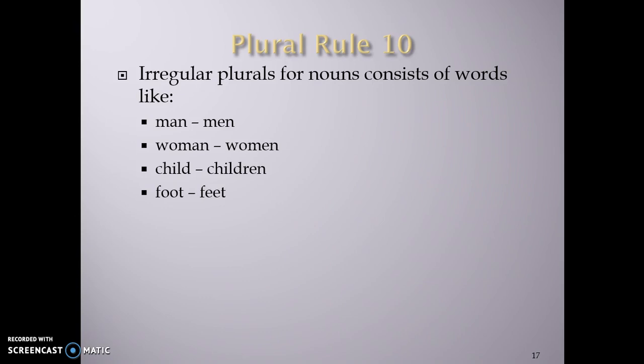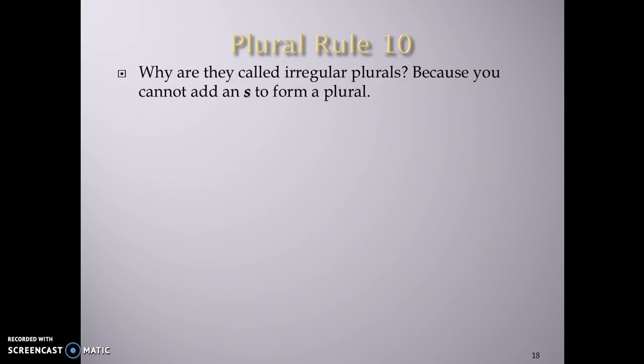So to make man plural, you have to make it men. To make woman plural, you have to make it women. To make child plural, you have to make it children. To make foot plural, you have to make it feet. They are called irregular plurals because you cannot add an S to form a plural.